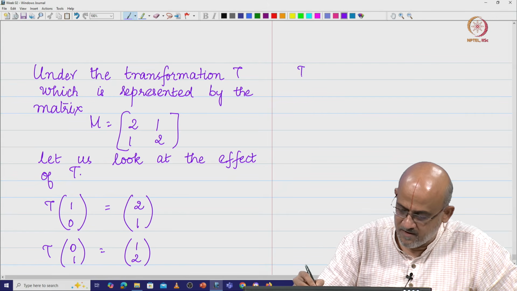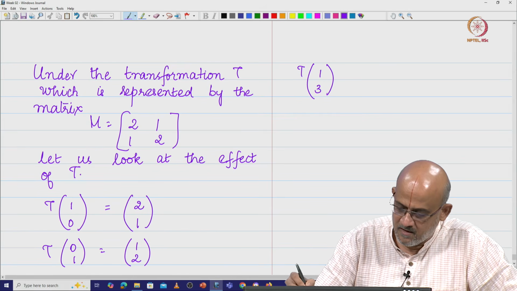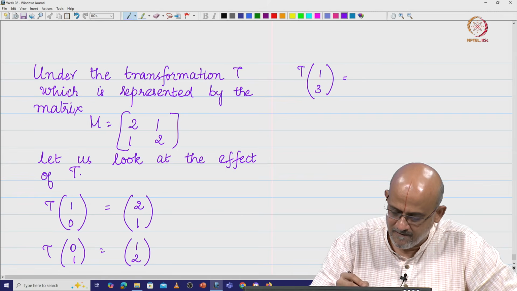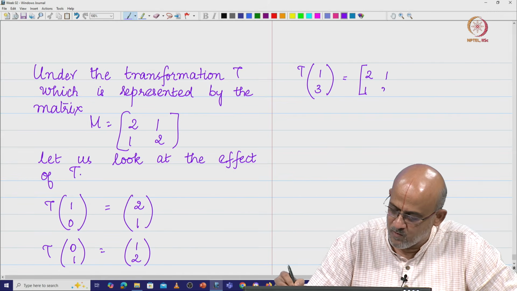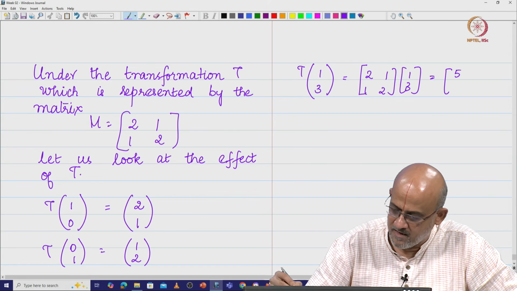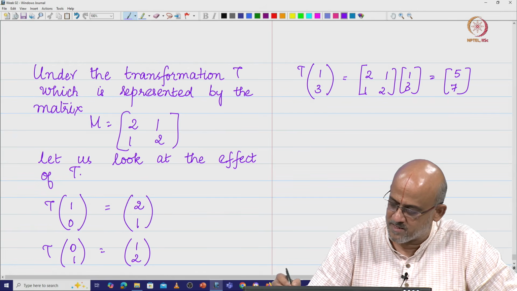I want to look at the effect on, let us say, (1, 3). This is going to be represented by [2 1; 1 2] into (1, 3), which is nothing but 2 plus 3 is 5 and 1 plus 6 is 7, right. 2 into 1 plus 1 into 3 is 5, 1 into 1 plus 3 into 2 is 7.